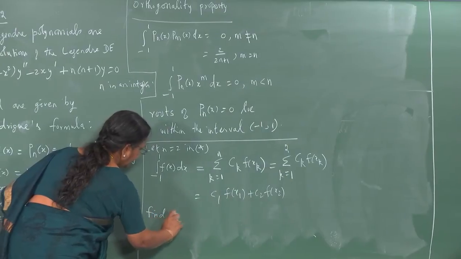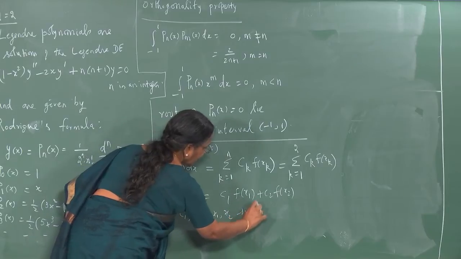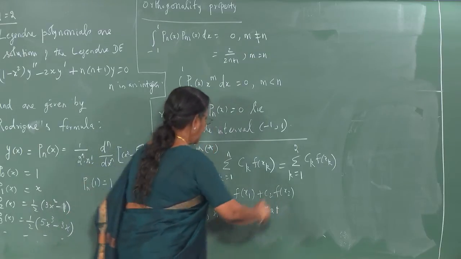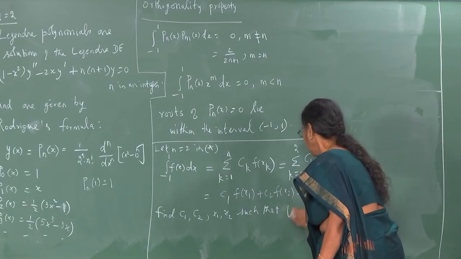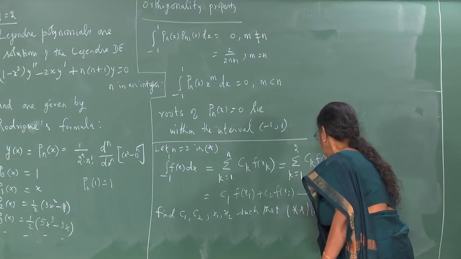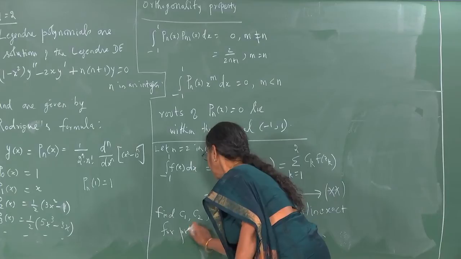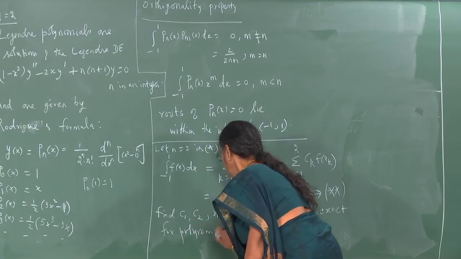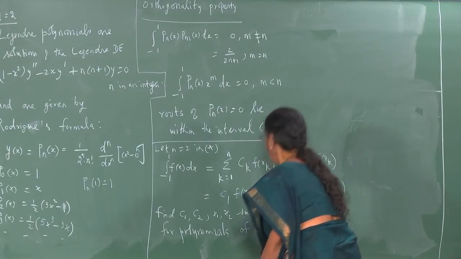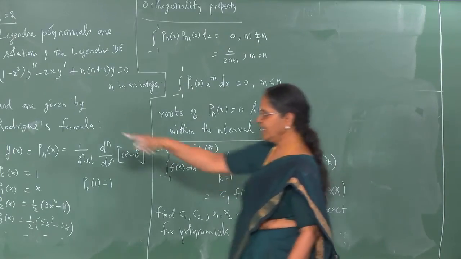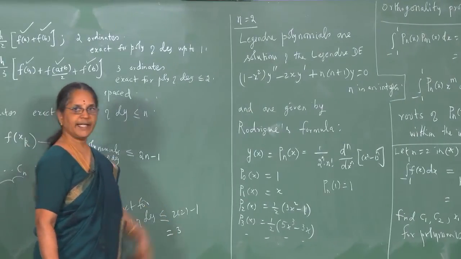So, find c1, c2, x1, x2 such that this integration method, let us call this double star, is exact for polynomials of degree less than or equal to 2n minus 1.